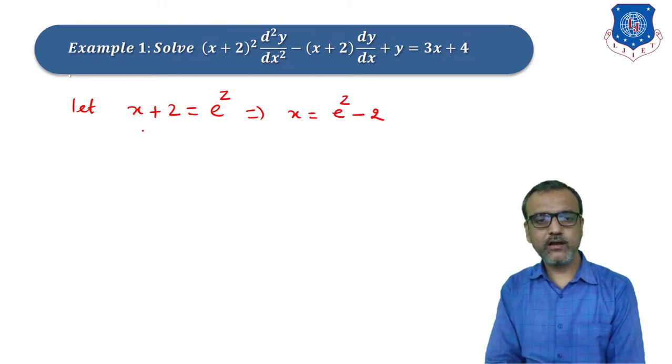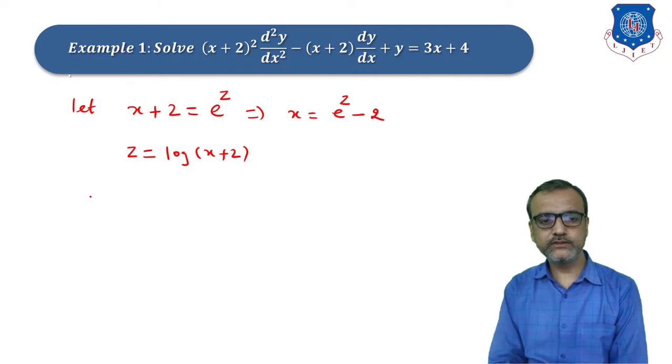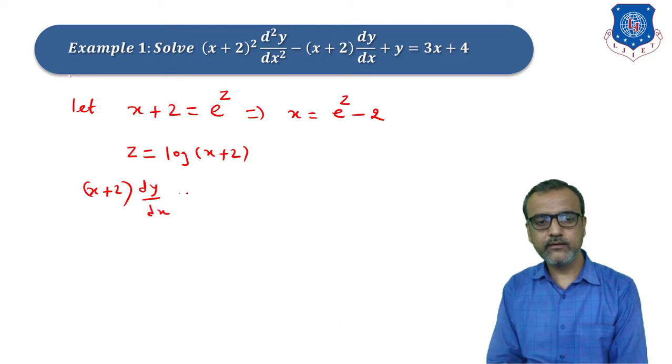Now if we take logarithm on both sides, we have z = log(x + 2). In the given differential equation we will replace (x + 2) dy/dx by, since the coefficient of x is 1, 1 Dy, where D is d/dz.